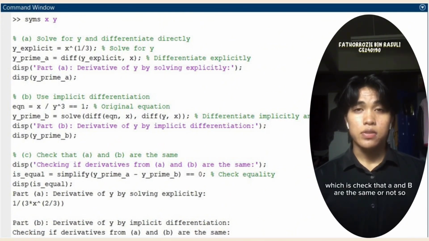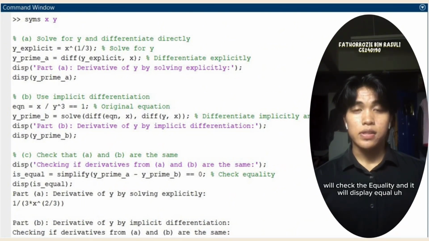Next is C, which is to check whether A and B are the same or not. The display is checking if the derivatives from A and B are the same, and MATLAB shows that they are equal.